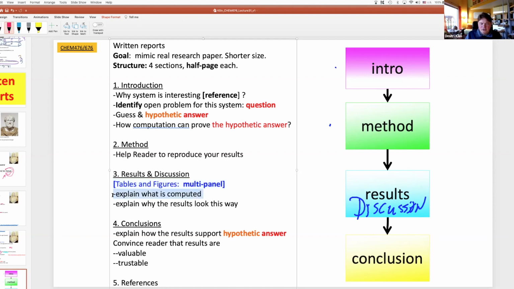basically help the reader to understand what is computed, and since it is results and discussion, briefly explain why results look this way. For example, withdrawing an electron makes the band gap 10 times smaller because the former HOMO becomes LUMO.